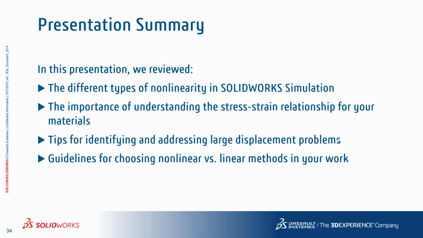Simply looking at the displacement magnitude is not sufficient, nor is waiting until the large displacement warning pops up. In general, for thin wall systems undergoing displacements in the order of magnitude of the wall thickness itself, stress shifting effects should be considered. And finally, we did review some guidelines and flowcharts to understand how to incorporate nonlinear analysis in your day-to-day design work.